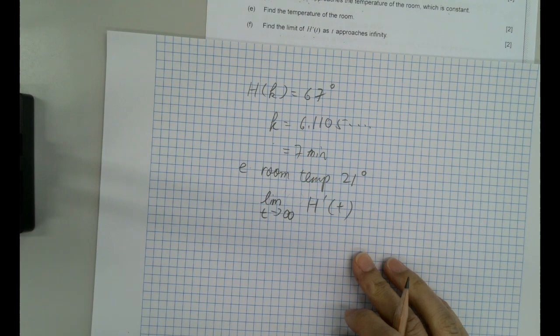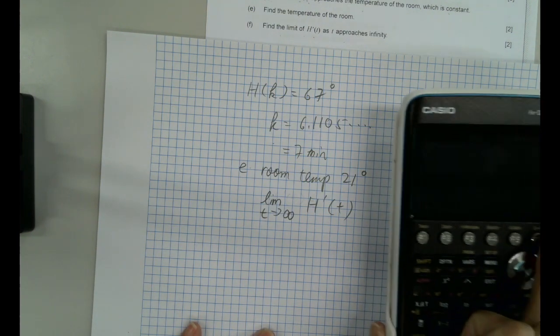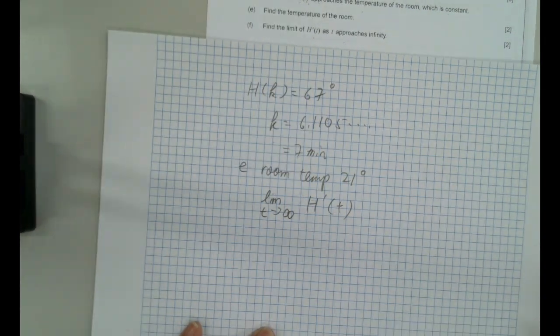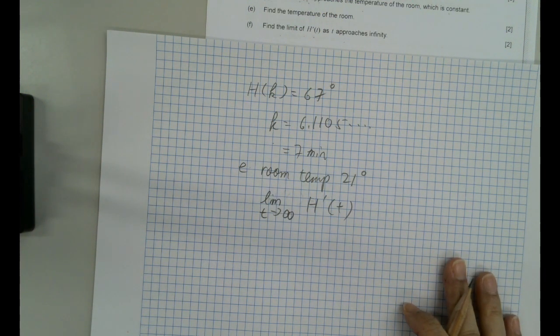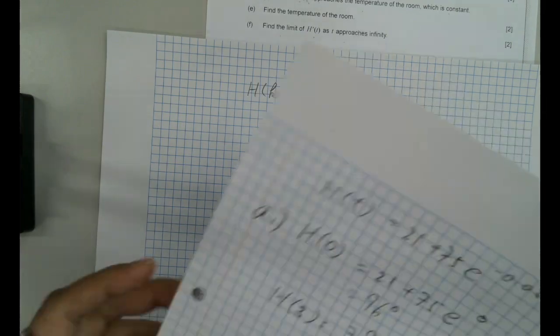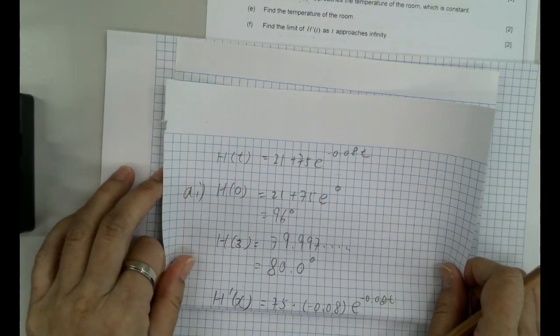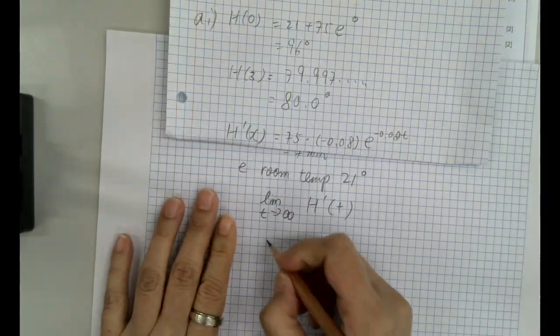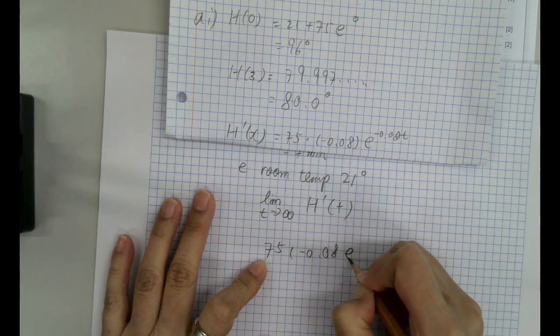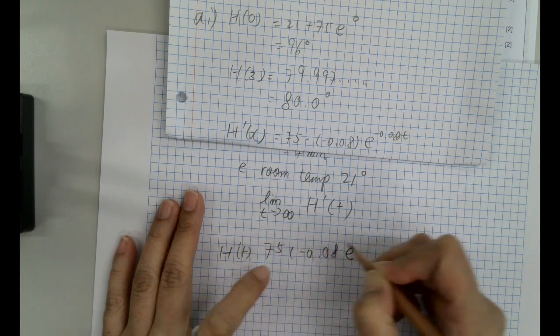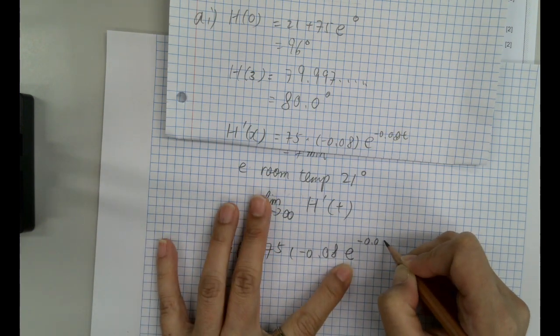This is what we're going to do, and I am pretty lazy. I am going to differentiate H(t) again. Where's my H? I have my H differentiated before. Ta-da! So this is H' with 75 times negative 0.08 e, as t tends to infinity.